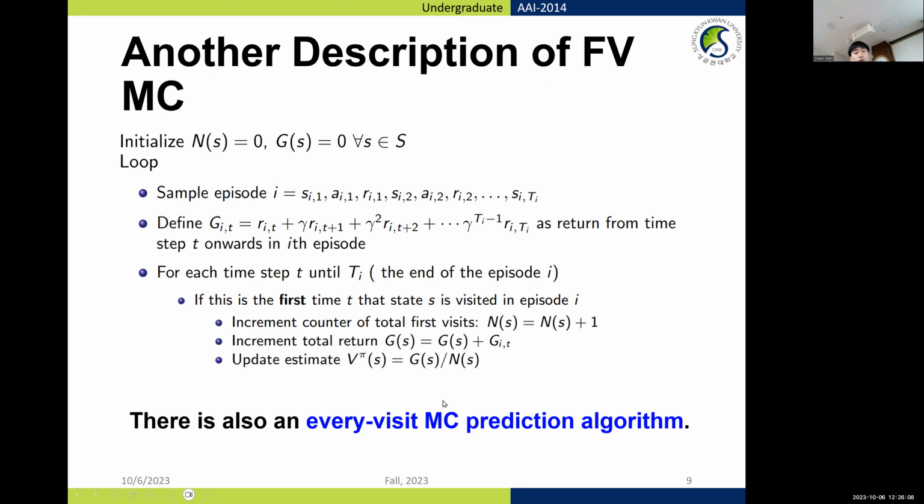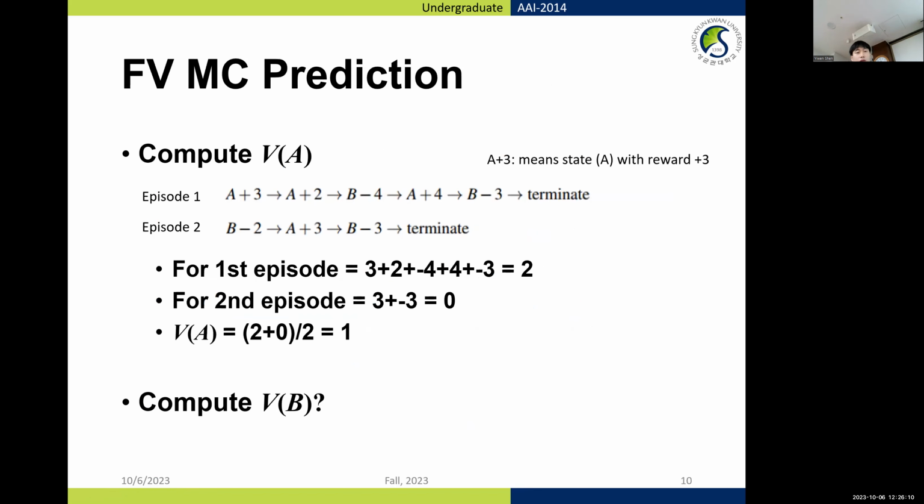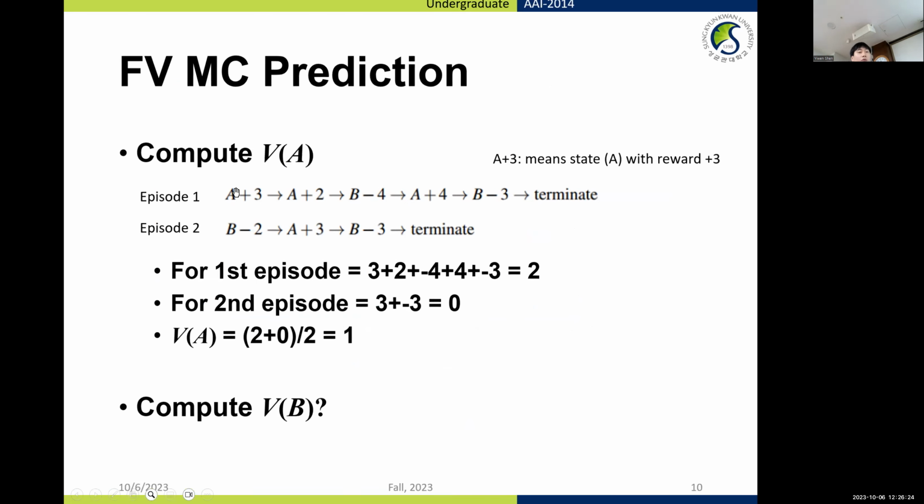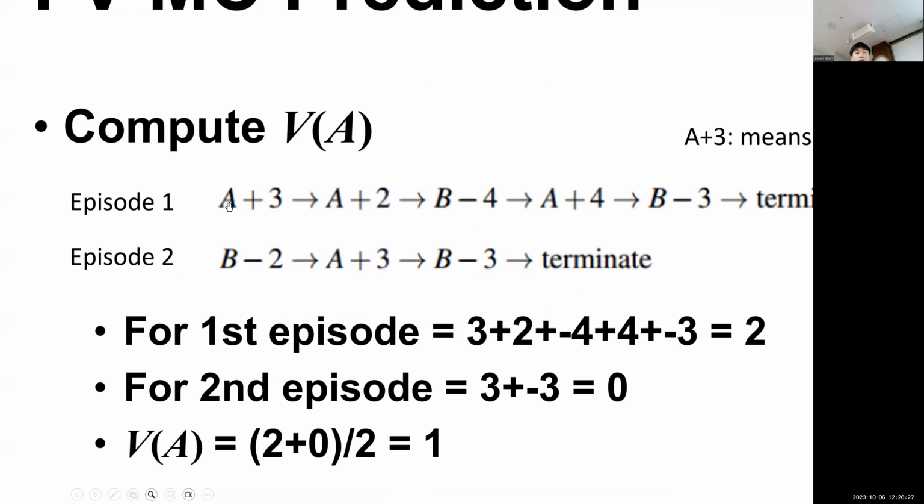So this is another description. Last time we calculated this for the first visit, right? Now we want to calculate the state value of A. In episode 1, we visited A 3 times: 1, 2, 3.